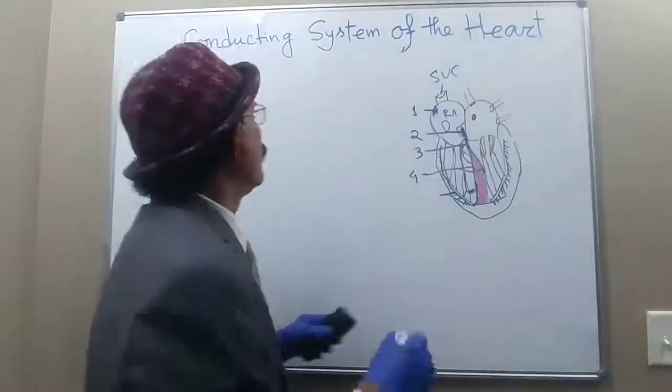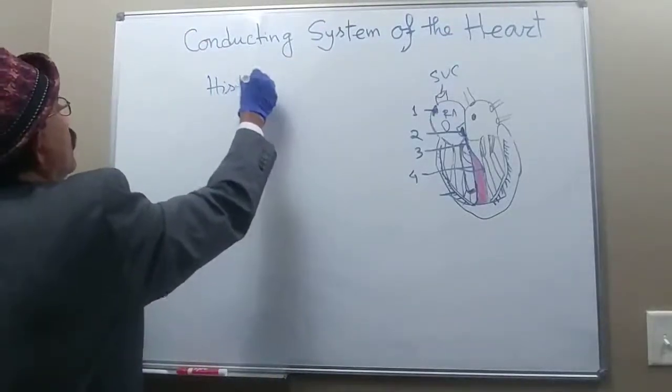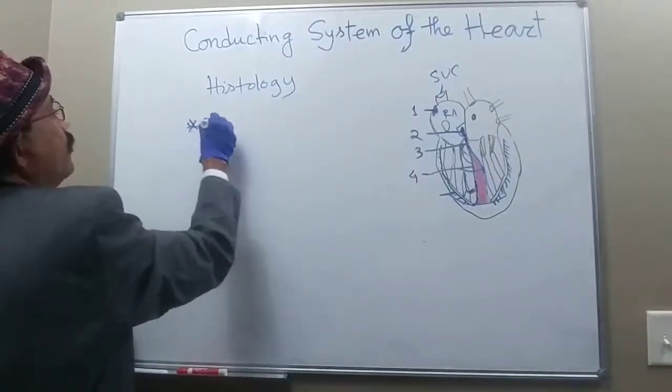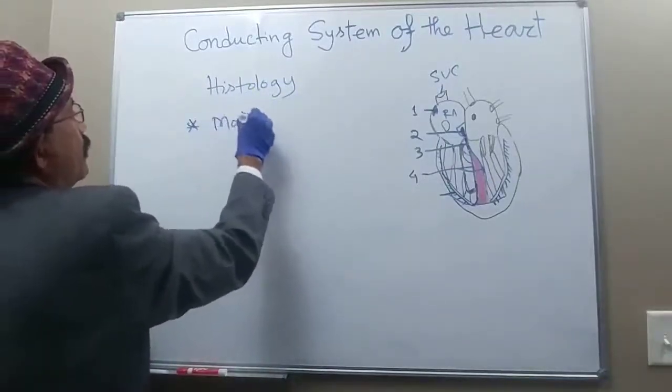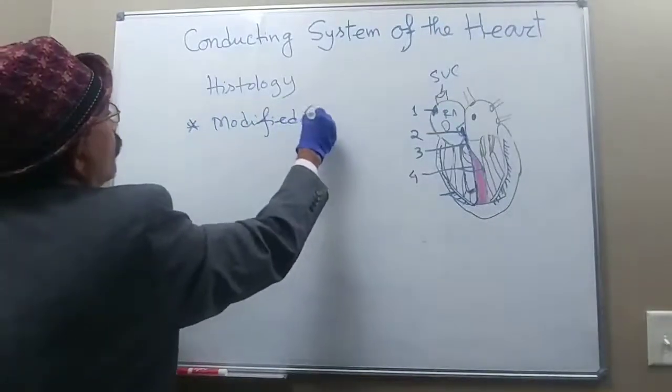Okay, now I'll go to the histology of the conducting system of the heart. Histology, again we have to say they are specialized, modified cardiac muscle.